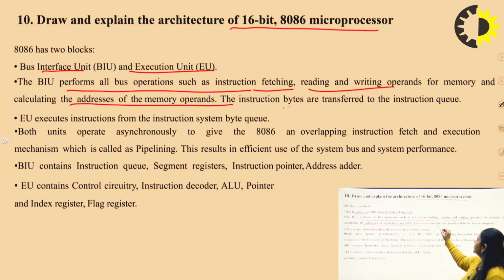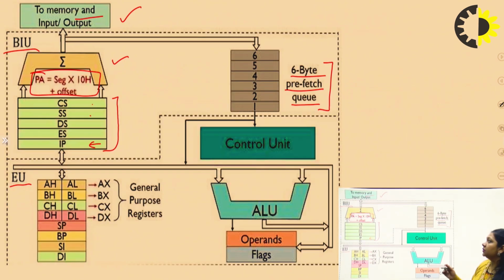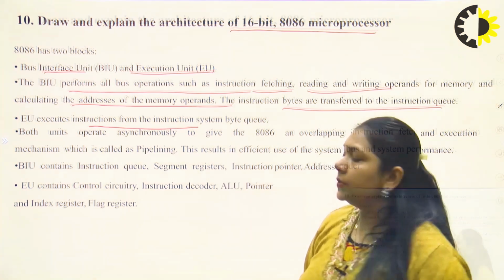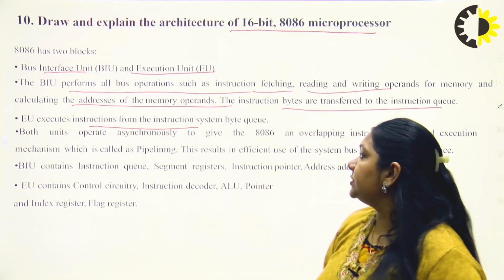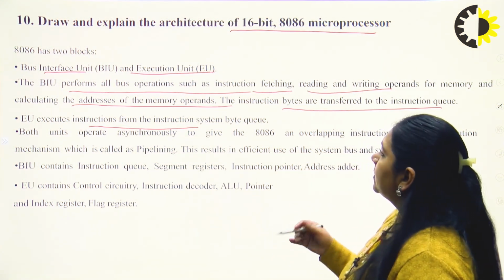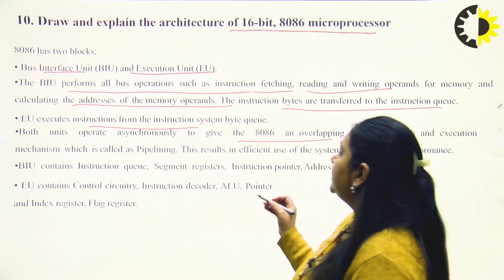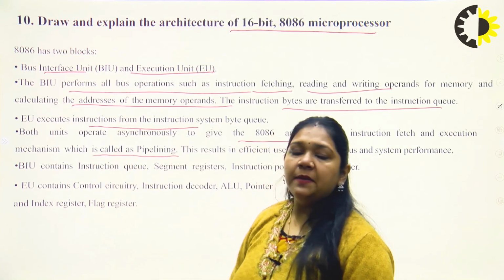These instruction bytes are transferred to the instruction queue, and from the instruction queue they go to the execution unit, which has the control unit, and the execution unit does the execution part. It is decoding and executing the particular instruction, and this is possible with the help of pipelining.